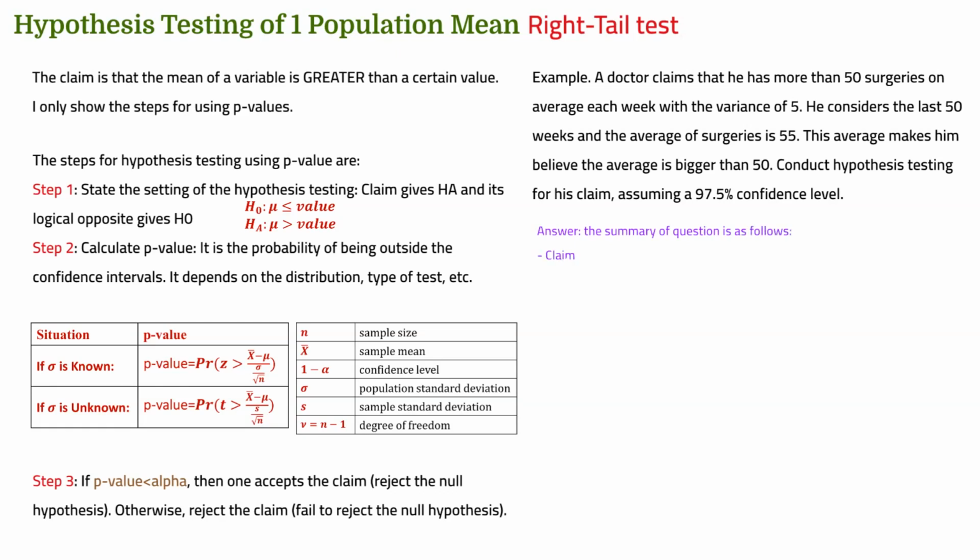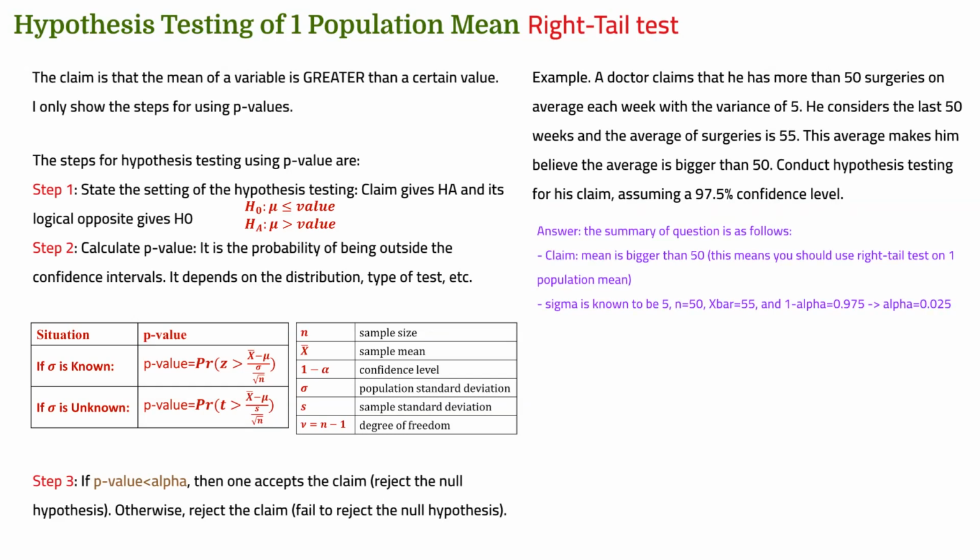Here's the answer. The summary of the question is as follows. Claim: the mean is bigger than 50. This means you should use a right tail test on one population mean. Second, sigma is known to be 5, n is 50, x bar is 55, 1 minus alpha is 0.975 and alpha is 0.025. Step 1, the claim is mu greater than 50.